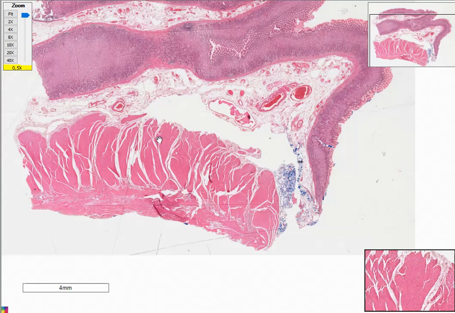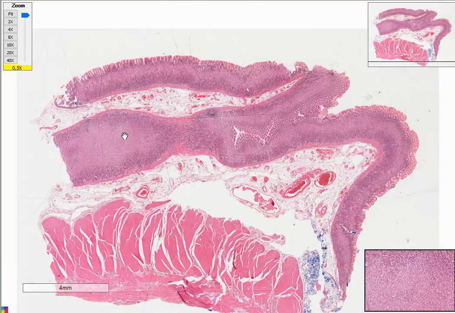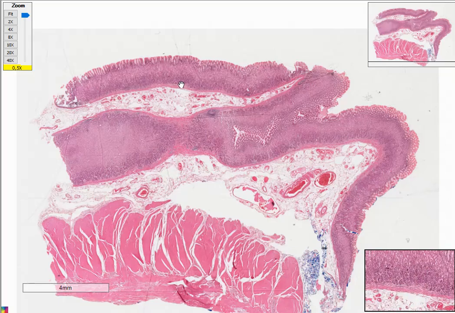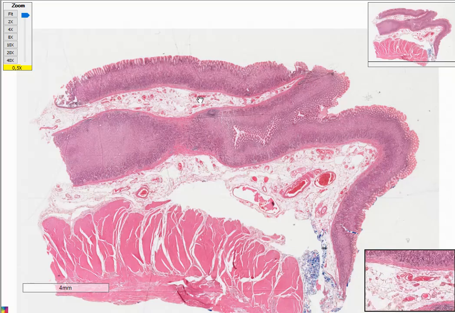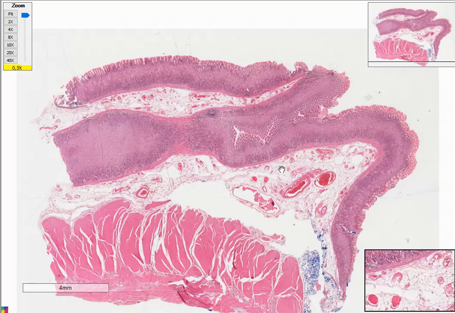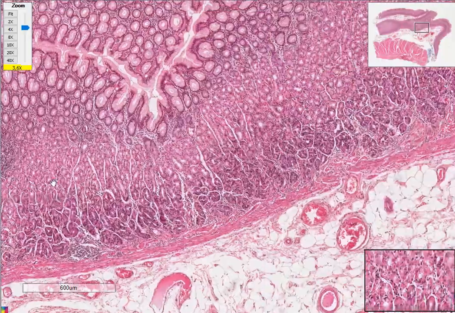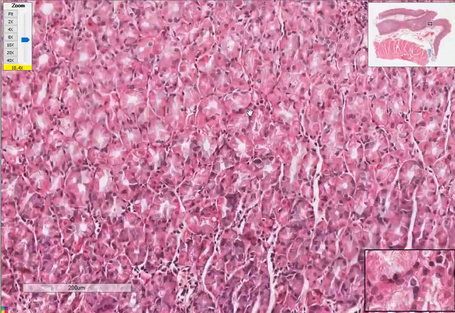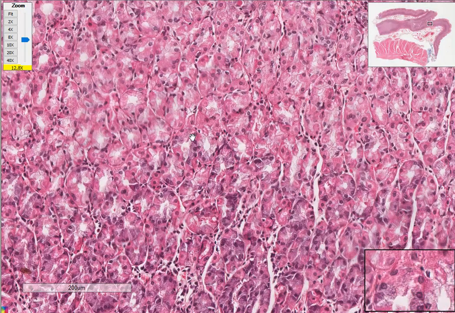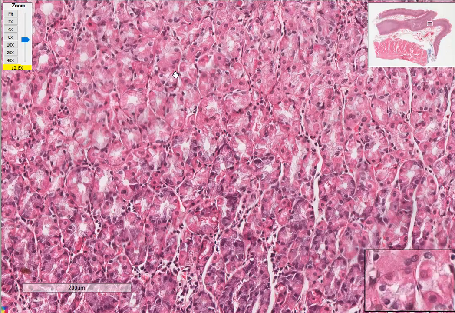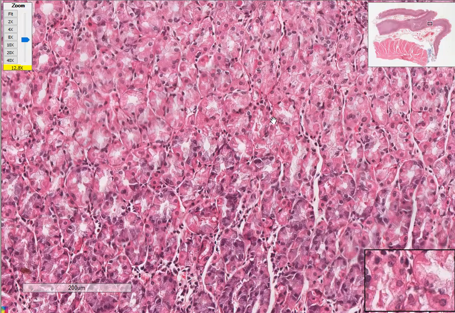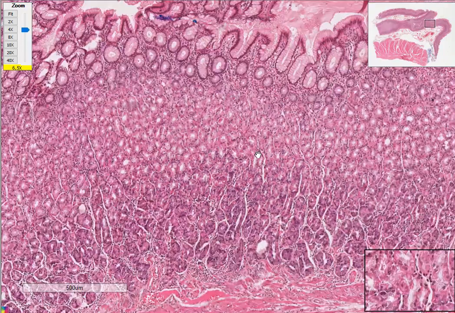Now if you remember, in the stomach, like I mentioned, from the fundal area to the pyloric region, the histology kind of changes. So you get to see more of these parietal cells and chief cells in the fundus and the body, and as you go down towards the pylorus, you get to see them reduce.